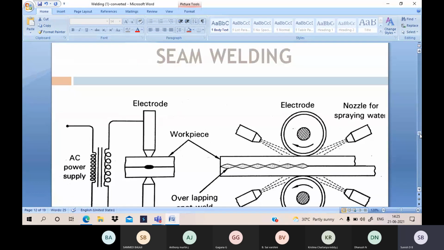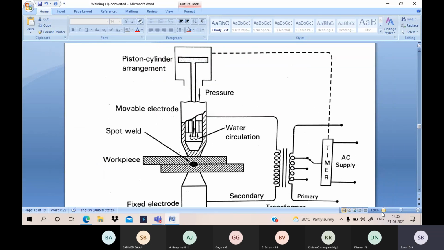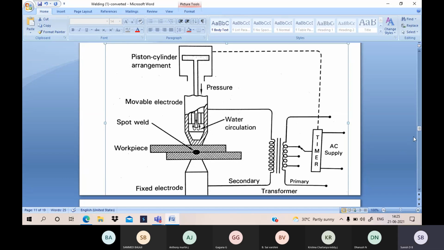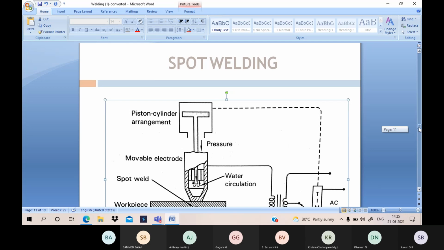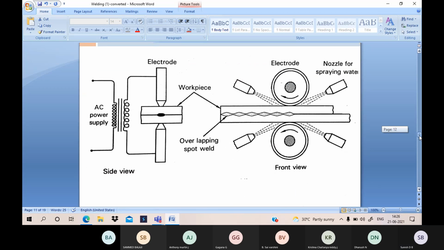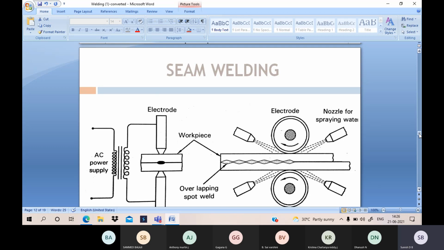Okay, next one, seam welding. Here we are using two electrodes.